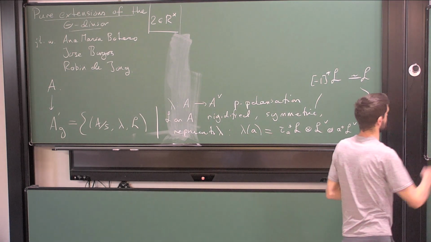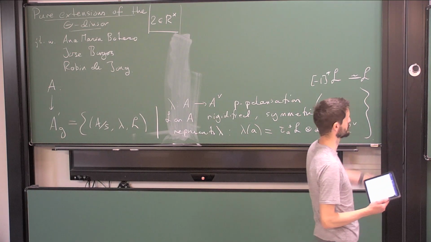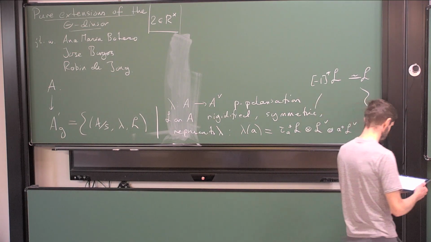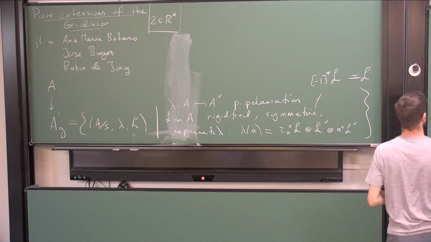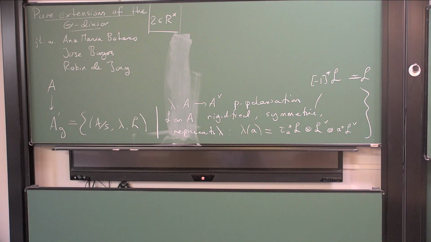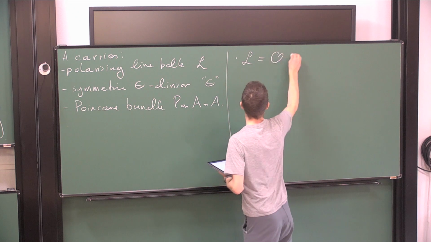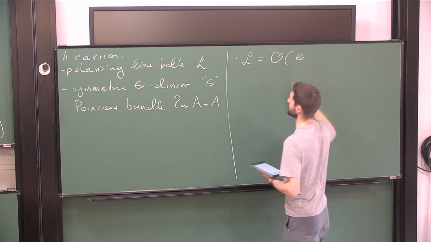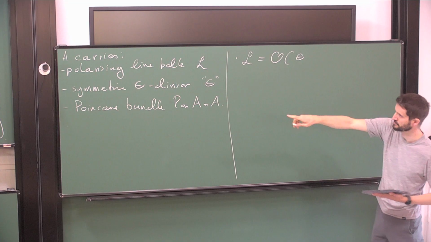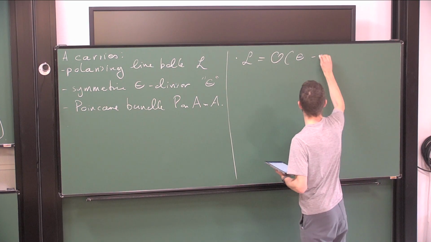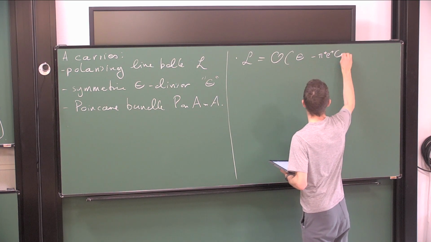And so this line bundle and the theta, these are sort of ways of capturing the polarization, and they have various properties and relations between them. So we have that. L is very closely related to theta, so L is O of theta. It's almost O of theta, but O of theta isn't trivial along the zero section, so it's theta minus pi alpha star of theta.